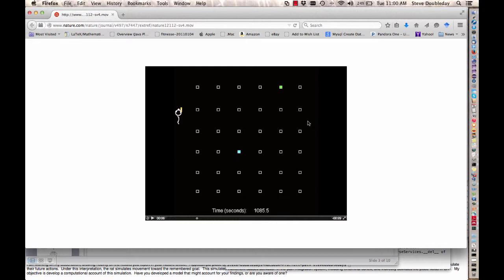The task for the rat is to start at home and find randomly another location that has a reward in it. And in this particular case, it's the green well towards the upper right. So the rat, depicted by this cartoon over here on the left, is moving around the arena.